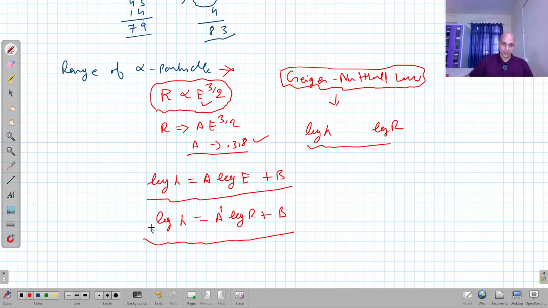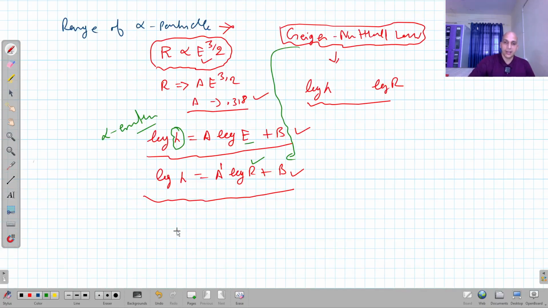These two are the equations of this law, Geiger-Nuttall law, mathematical form, right? The relation between the logarithm of disintegration constant for the given alpha emitter, which is very important, and this is the energy of the emitted alpha particle, and this is the range.